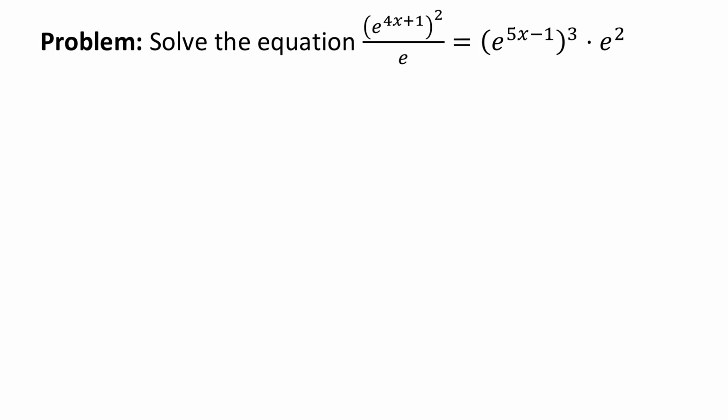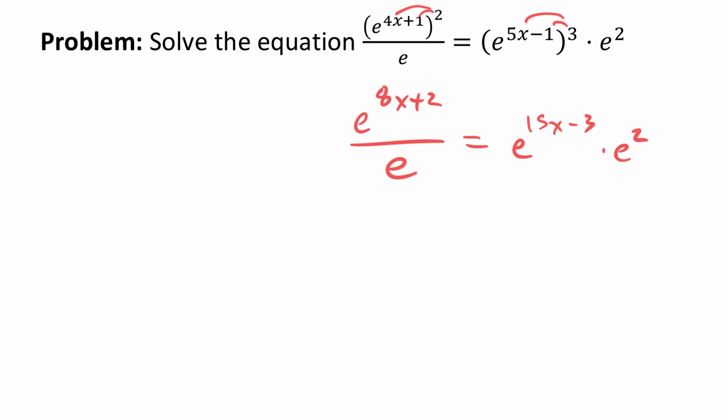Here's one example just to start us off. We could solve an exponential equation with a base of e. Remember, we look for common base like 2 or 5 or maybe 7. Well, here we have a base e, and we can use all of our exponential rules just like normal. For example, here we're going to multiply, so we'll get e to the 8x plus 2 divided by e equals, here we'll multiply again, because power to a power we multiply, so e to the 15x minus 3 times e to the 2.